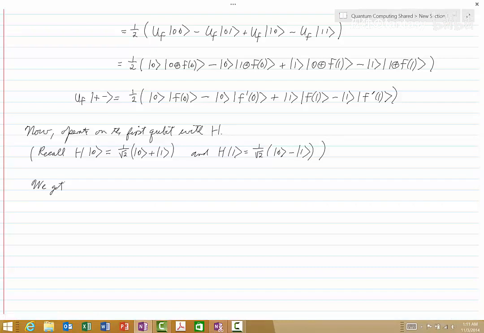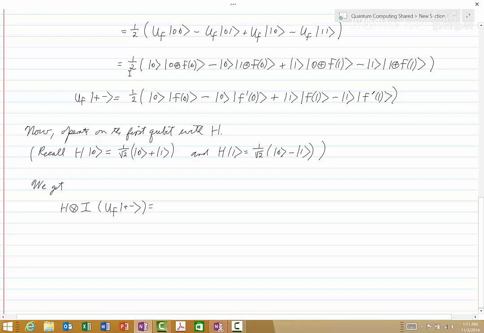Now, the second qubit, we're not bothering it at all. So you could write this as H plus I, meaning that we're going to operate on the first qubit with H, but leave the second qubit as it is. That operating on UF of plus minus, which is the term that we have identified right here.